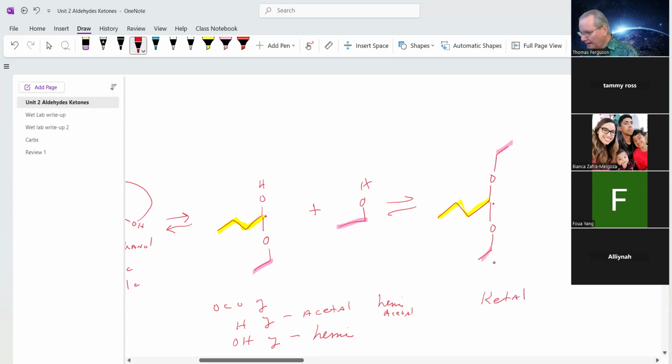So we've got our full-blown ketal. So OCO, yes, we have OCO. That means we have an anomeric carbon. Yes on H, there's an H right here. And no OH. So, excuse me, not a ketal, that is an acetal.